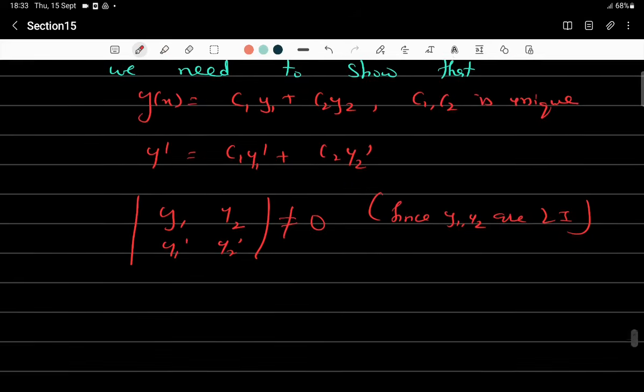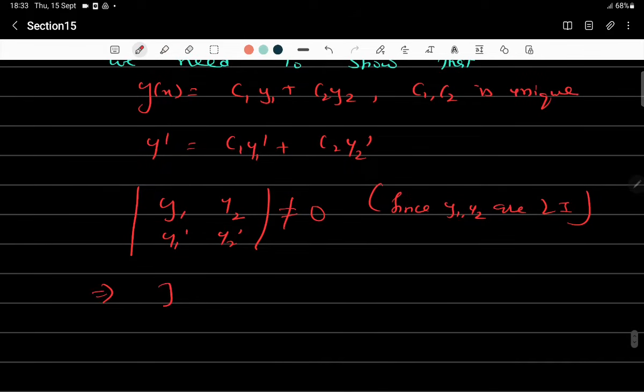So since this is non-zero, there exist unique C1, C2 such that y of x is C1 y1 plus C2 y2, which means C1 y1 plus C2 y2 is the general solution.